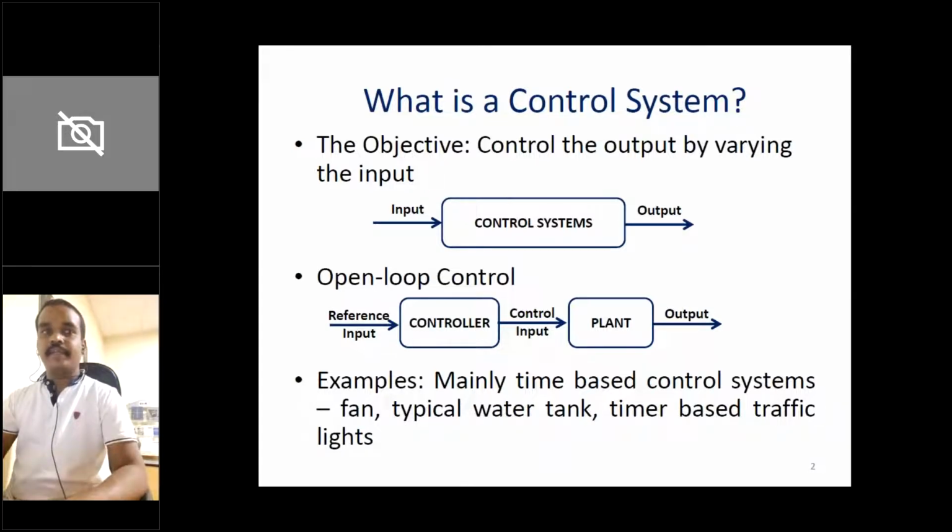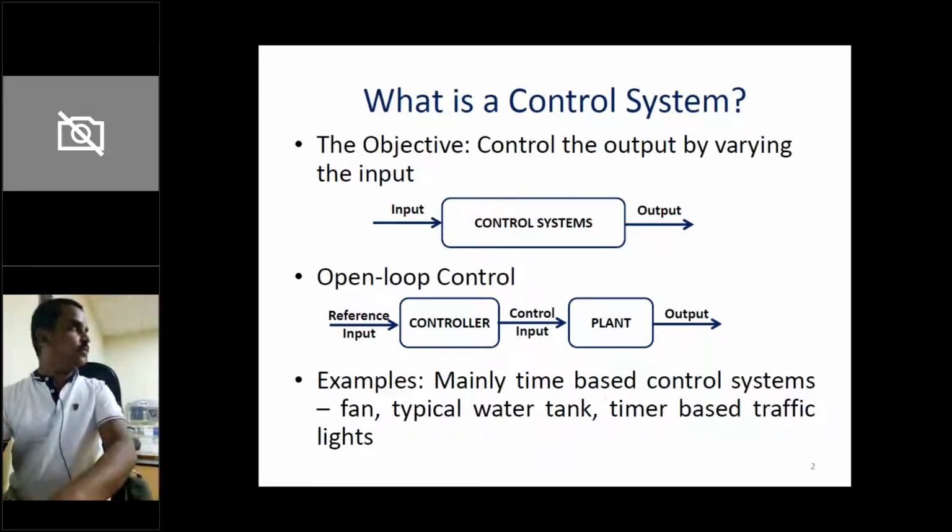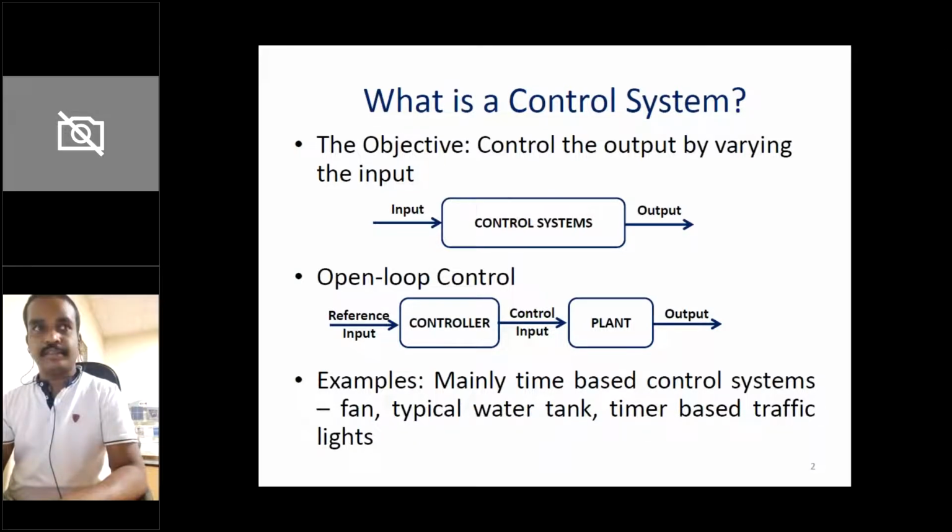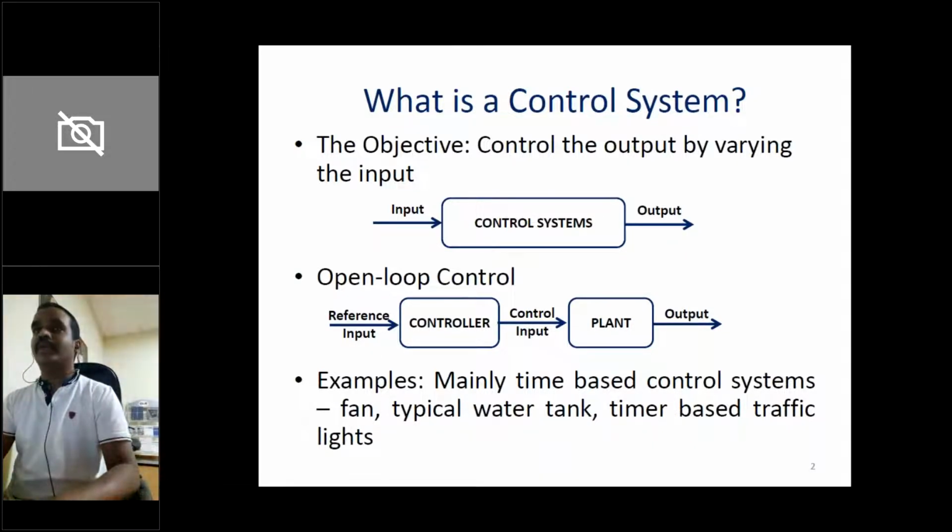For 1 minute one will be on, and for another minute the other will be on. So it is completely open loop, completely time based. In general, if the control systems are time based, we call it open loop control.